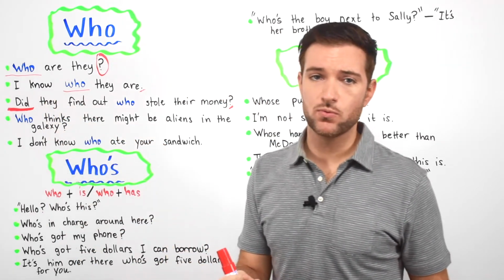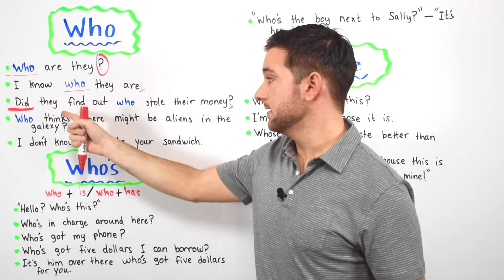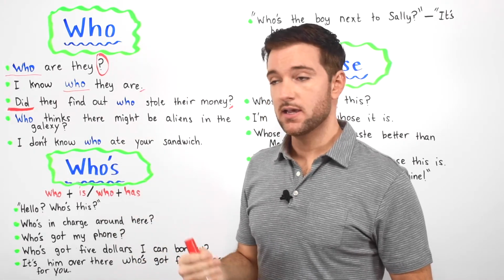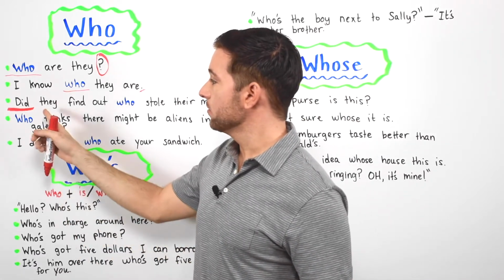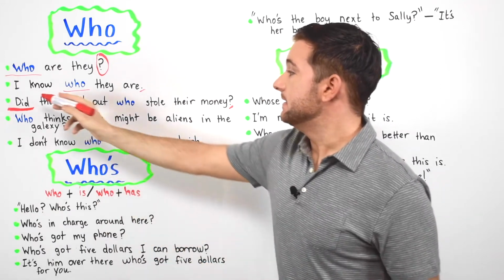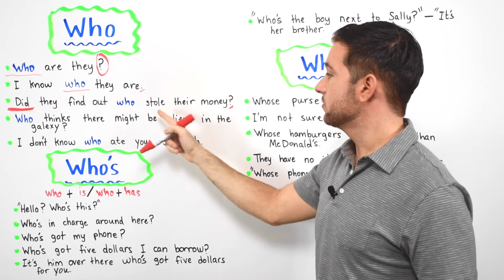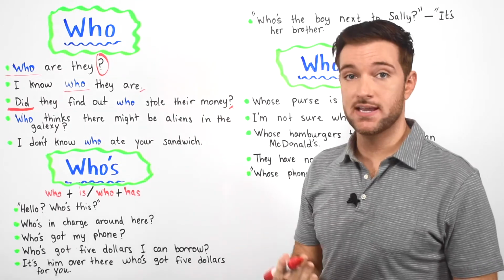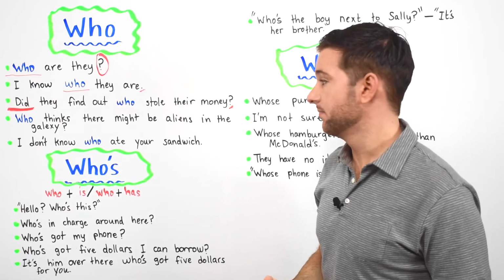Remember, we have a couple words that make questions. One of them is did, another one is do, and another one is does. Okay, so if you have these words at the beginning of a sentence, then it makes a question. Did they find out who stole their money? Okay, they want the names, they want the information so they can maybe contact the police.